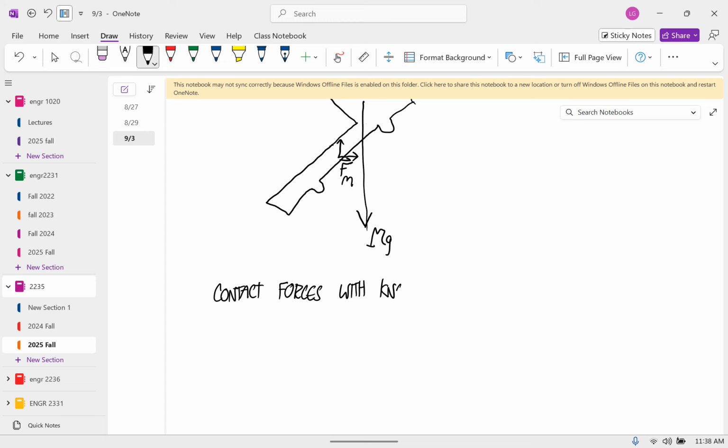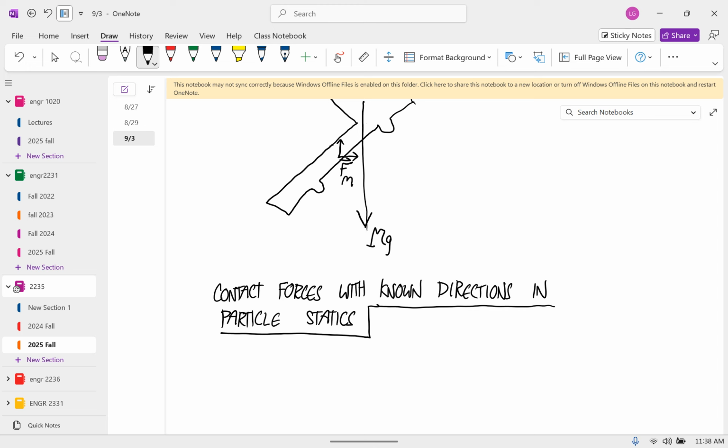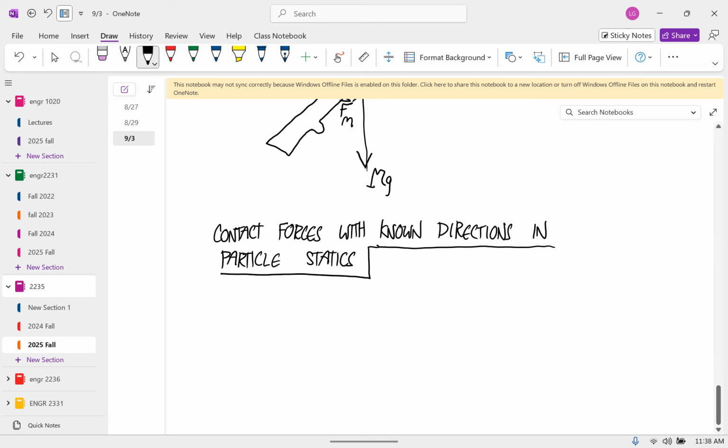With known directions, in particle statics. So the first one is going to be cables and slender rods. We're going to treat these similarly.